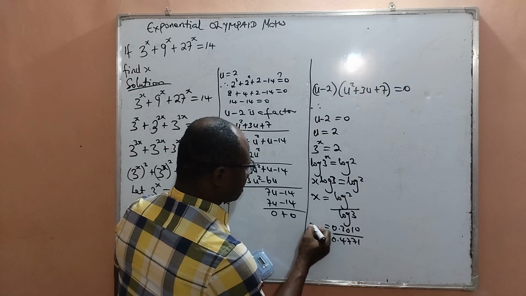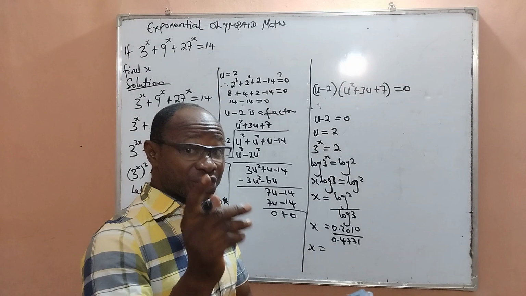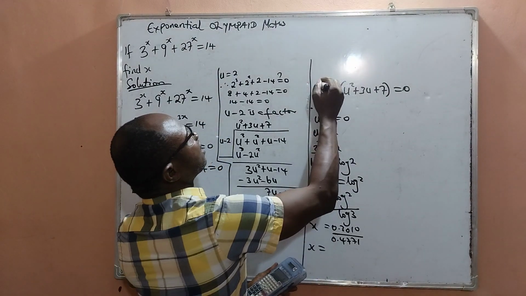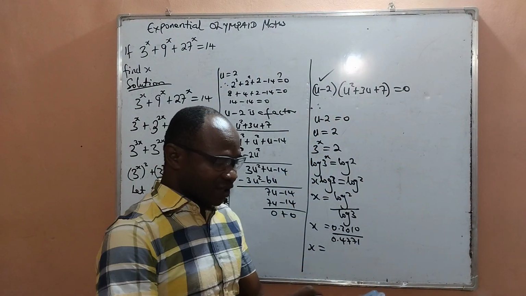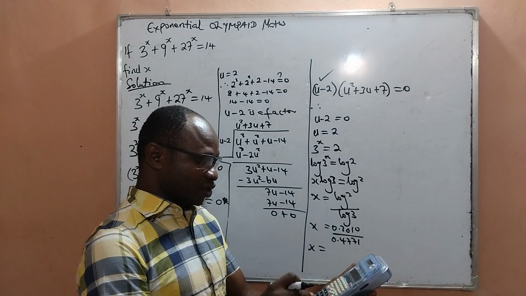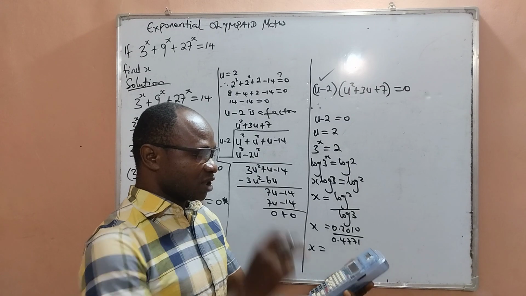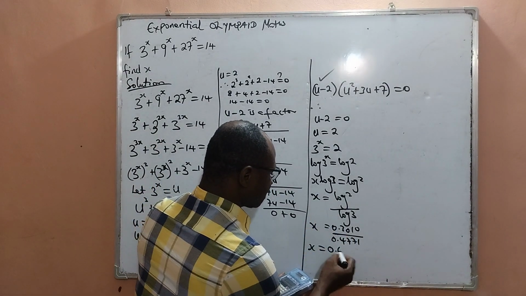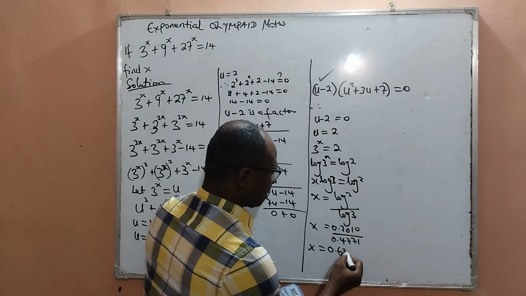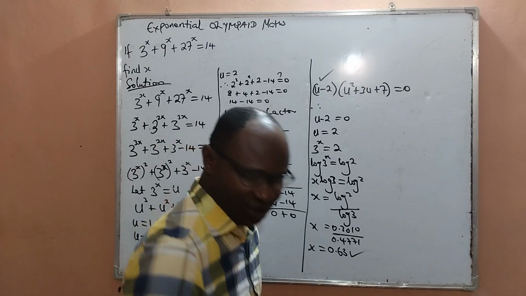And when the two are divided, we now get the actual value of x. In this case, working on the first bracket, it is 0.3010 divided by 0.4771. This will now give us 0.63 as the first value of x.